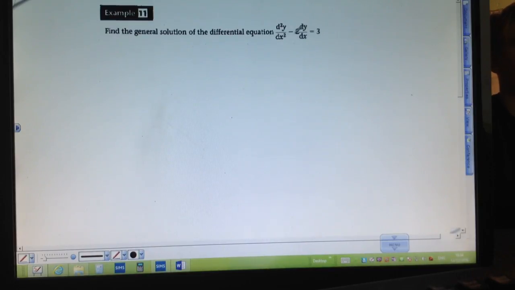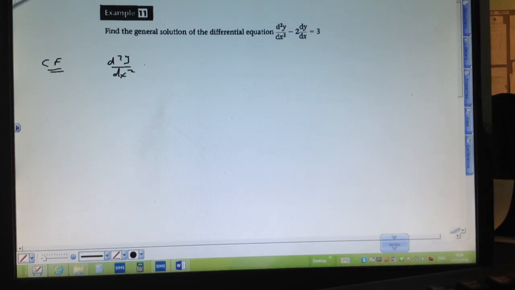Okay, right, general solution to this. Here we go. You wouldn't throw this over because it doesn't contain y's. You've got d2y's and dy's, but there's no y's. So this is what you do. Complementary function. We're going to solve where d2y by dx squared minus 2 dy by dx equals 0, the homogeneous solution.